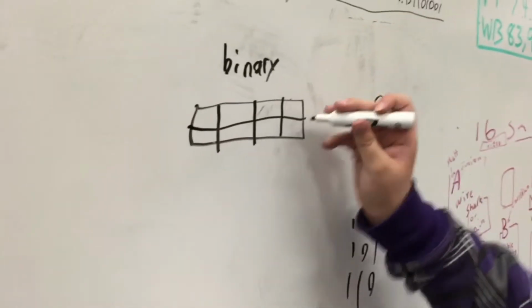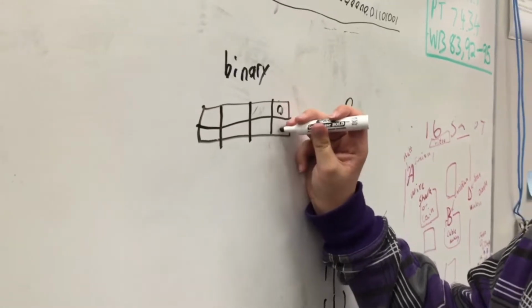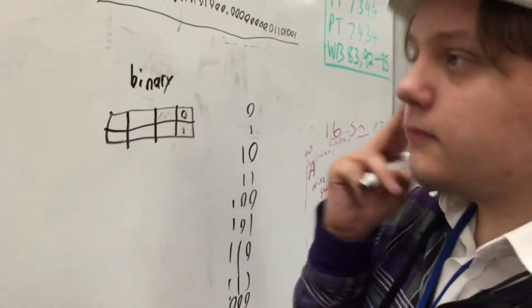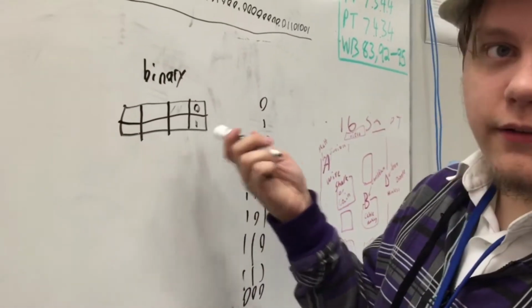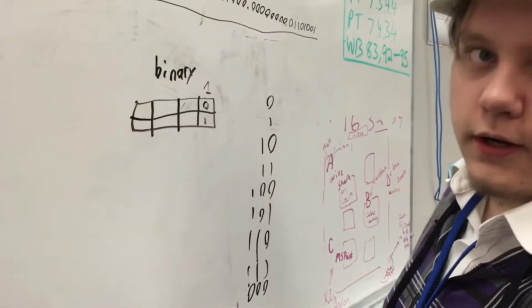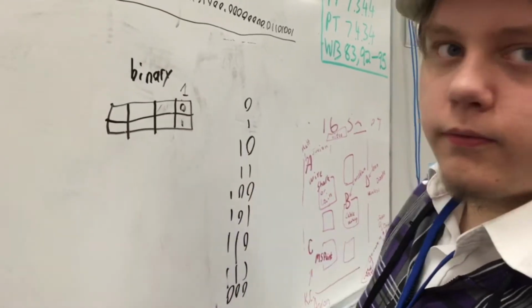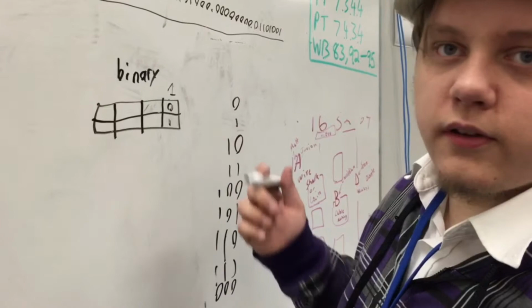In the first column, what's the maximum number? Here we have 0 and 1, right? So the most you can ever get out of this column is 1, right?